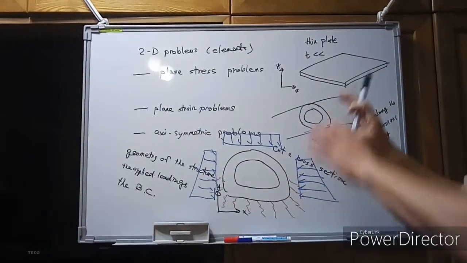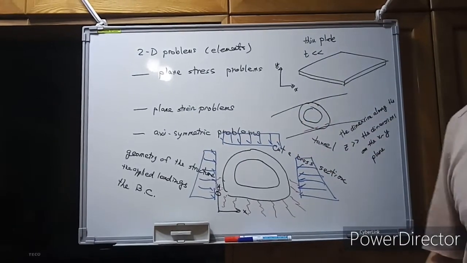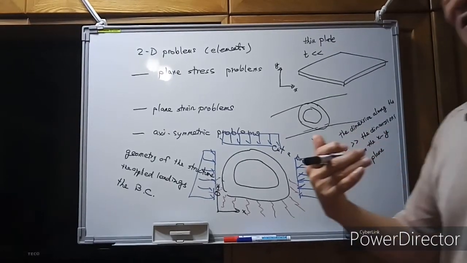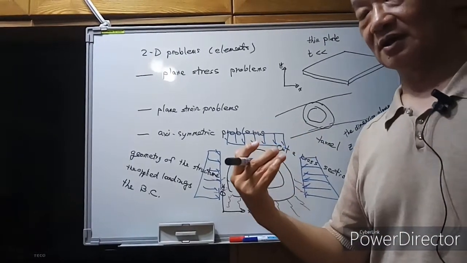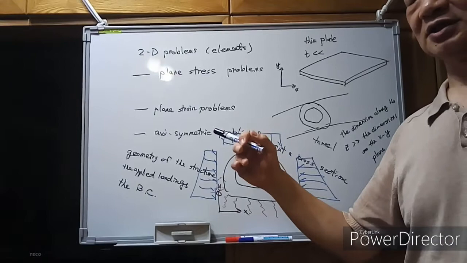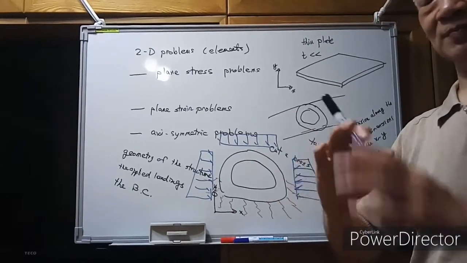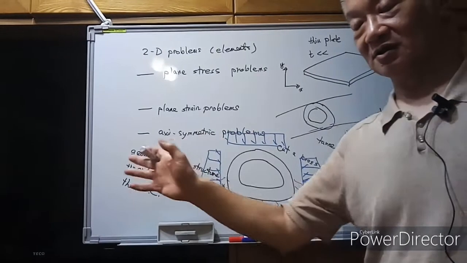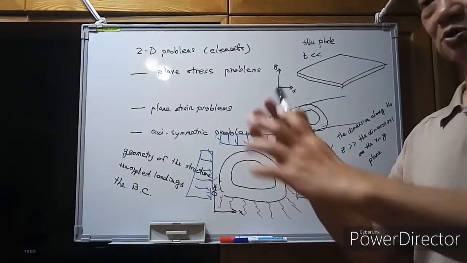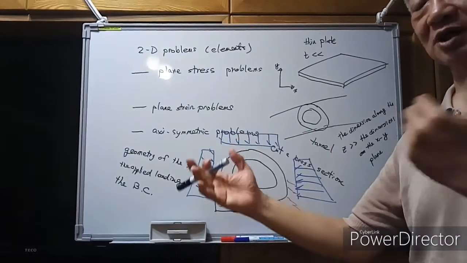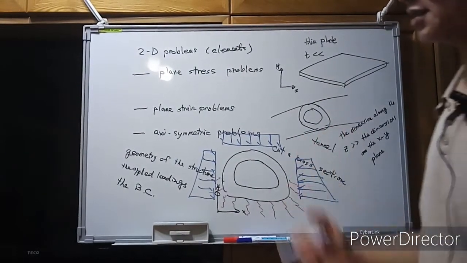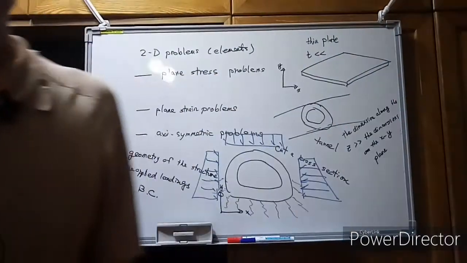Also, the dimension along the z direction is much larger; in our simplified assumptions, it is close to infinity. So that's the assumption. The dimension along the z direction compared to the dimensions on the xy plane is much larger, and sometimes you can say it is close to infinity.